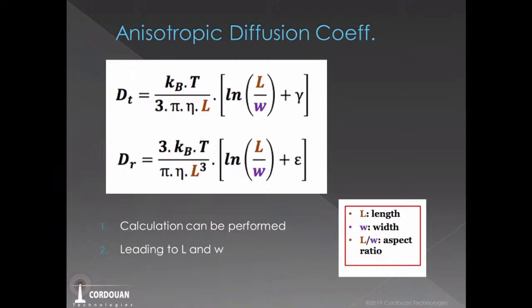If I have a way to measure the translational diffusion coefficient and the rotational diffusion coefficient, I will have two equations and two unknown values, which are the length L and the aspect ratio. I can do my calculation, I can find the length and the aspect ratio, and knowing the length, I know the width for sure. And I can come back with the length and the width of my nanoparticles.